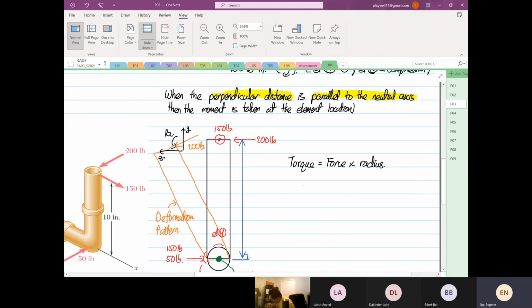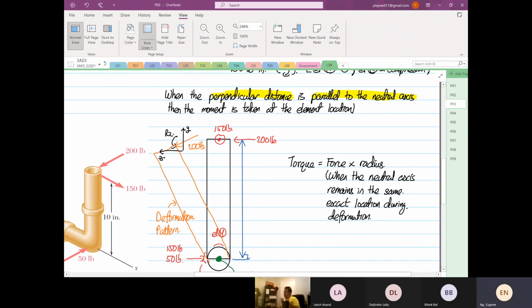Okay, so when the neutral axis remains in the same exact location during deformation, right?